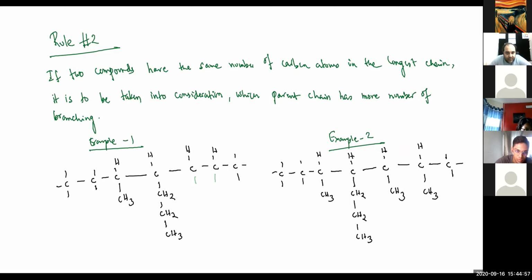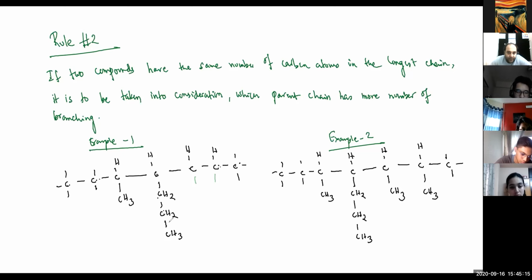So in the first example, how many carbon atoms are there in the longest chain? It could be 1, 2, 3, 4, 5, 6, 7, or it could be 1, 2, 3, 4, 5, 6, 7, or it could be 1, 2, 3, 4, 5, 6, 7.